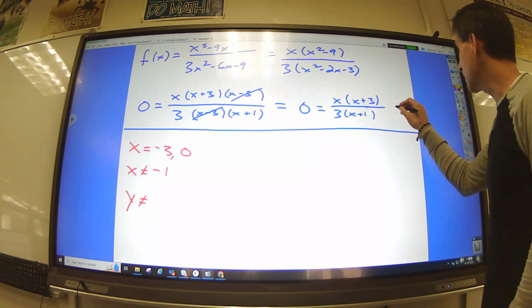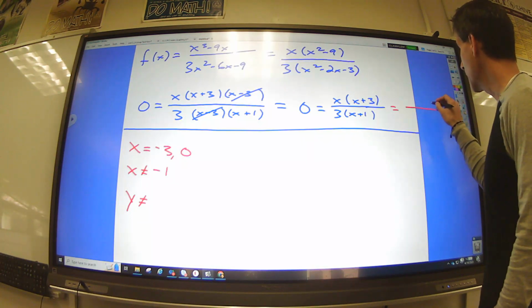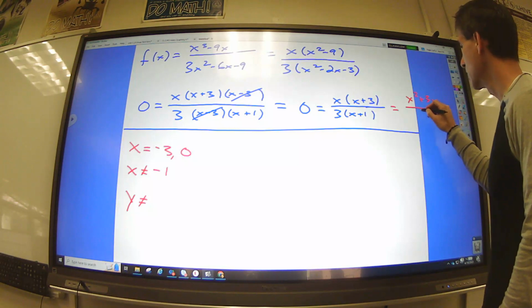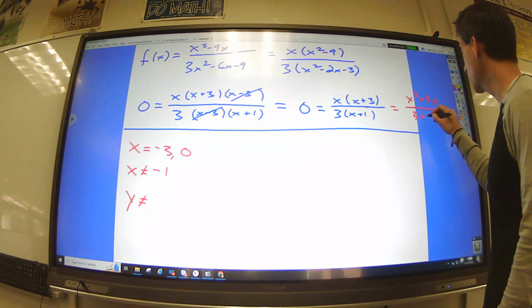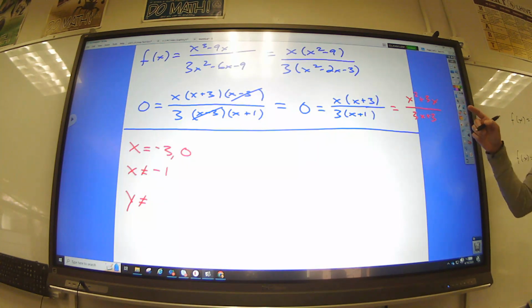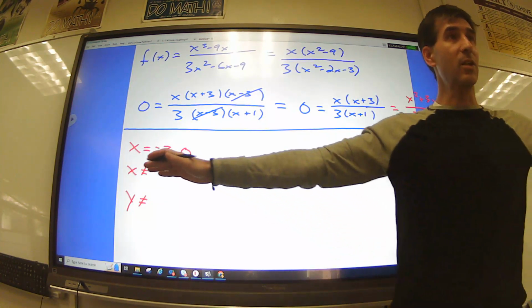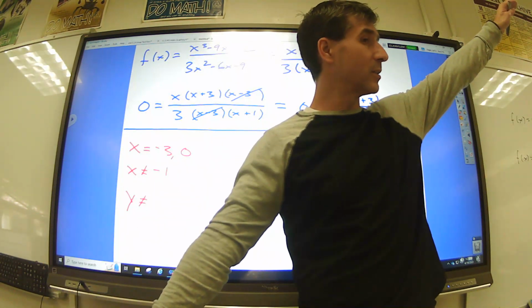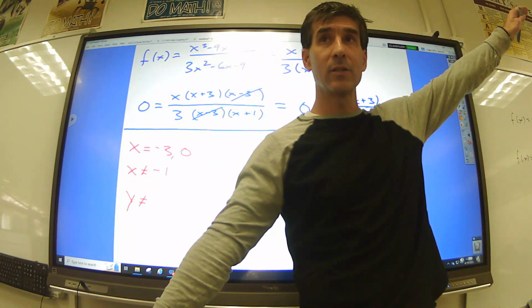So to find those asymptotes, I'm going to factor this out: x squared plus 3x over 3x plus 3. Notice m is bigger than n, so it is not a horizontal asymptote. It's going to be a slant.